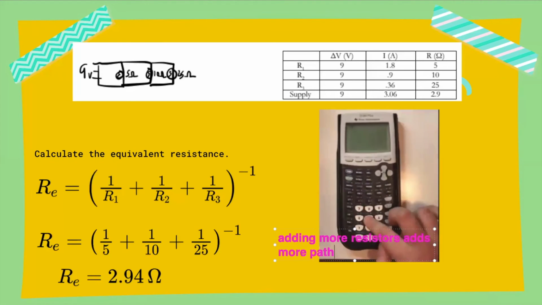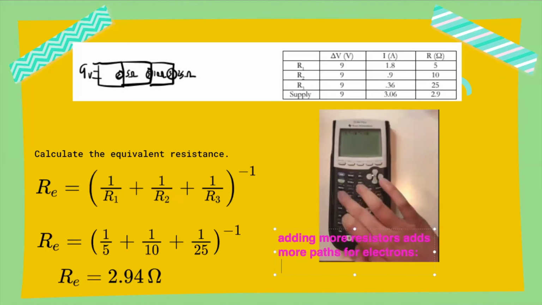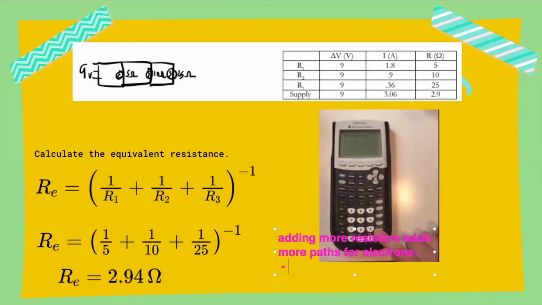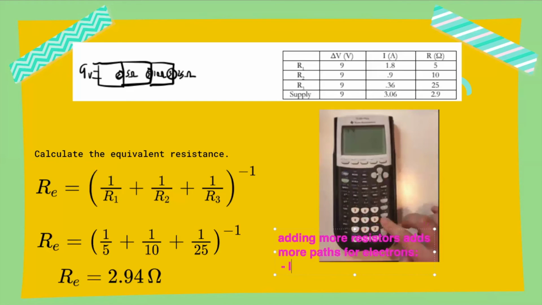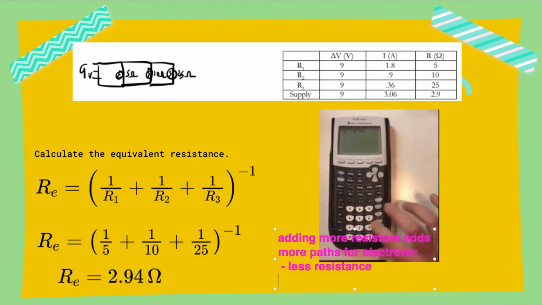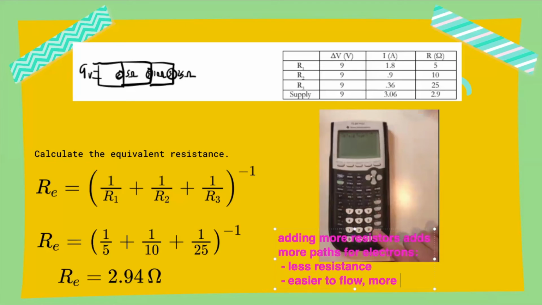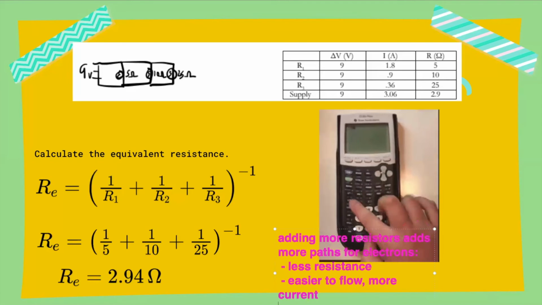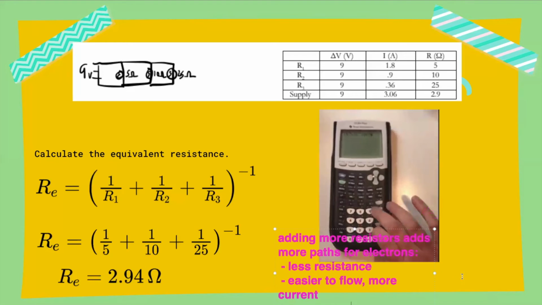And the more paths you have, the easier it is for flow. Adding more resistors in parallel means that I have less resistance. It's easier to flow. An easier flow means more current. More current means more power. Ultimate power.